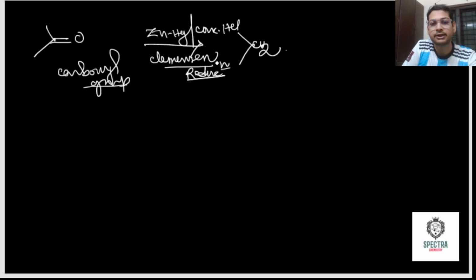And there is another reaction. Which reaction? Can you tell me? Another reaction does the same thing, converting the carbonyl group to CH2. Yes, the reaction is called the Wolff-Kishner reaction.